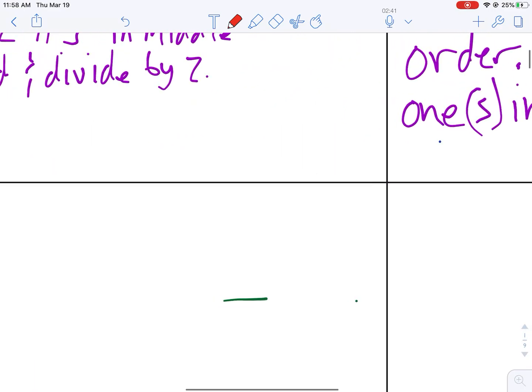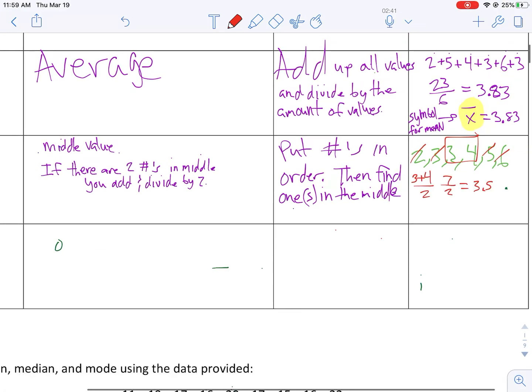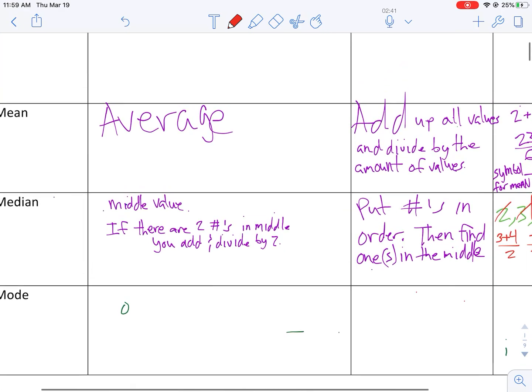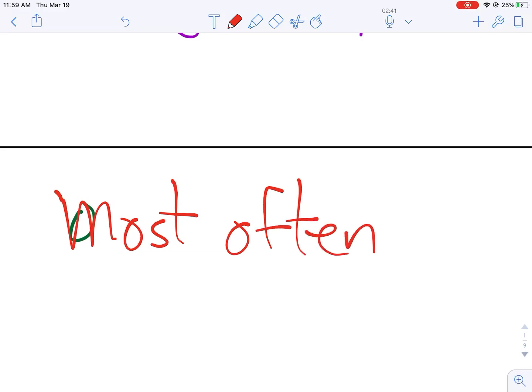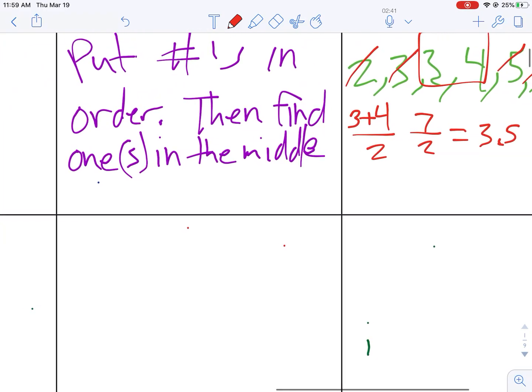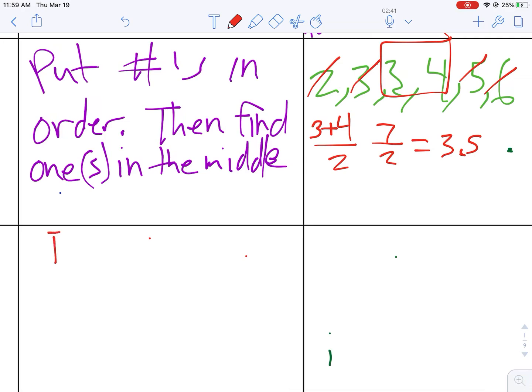All right, next is mode. This one's pretty self-explanatory. This one is most often. How do we find it? Find the one that happens the most.